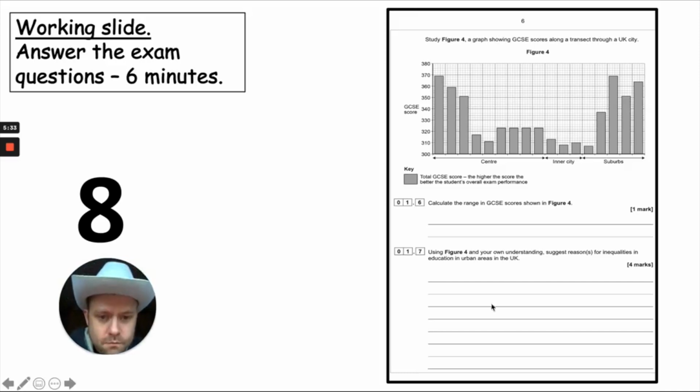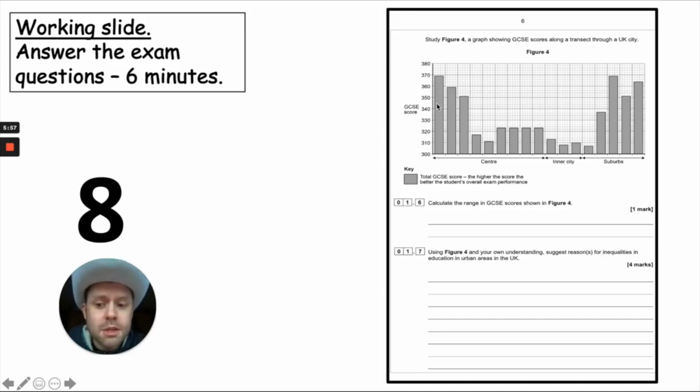Then, using figure 4 and your own understanding, suggest reason or reasons for inequalities in education in urban areas in the UK. Now, you might be a bit confused because you'll be like, well, in the city centre, surely the GCSE score would be lower.